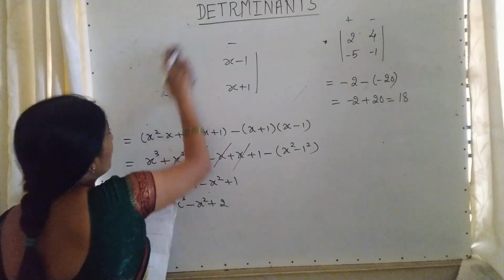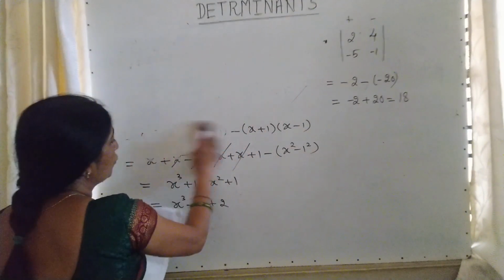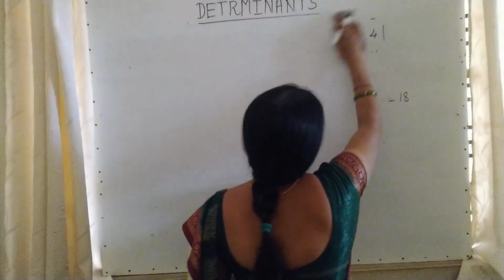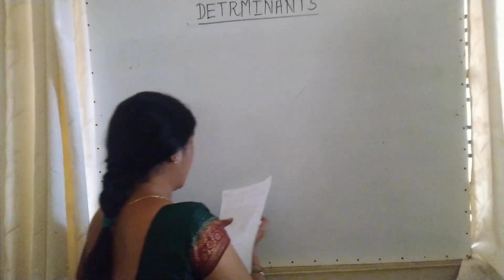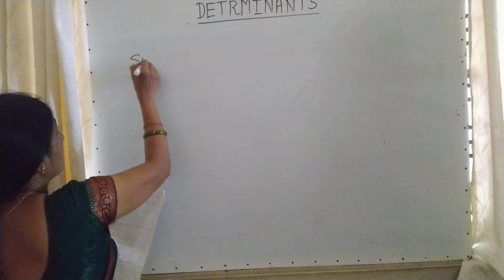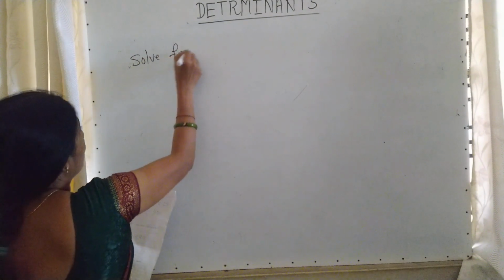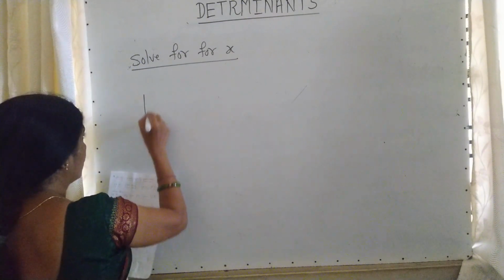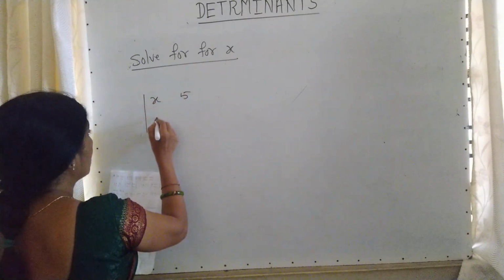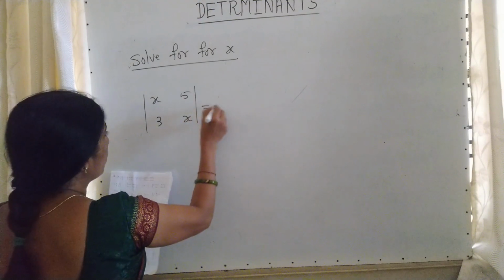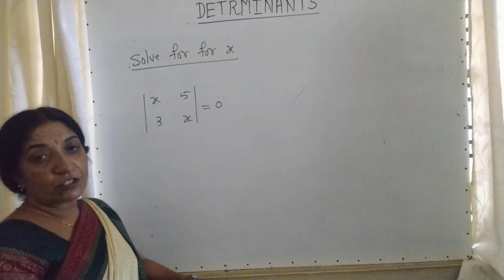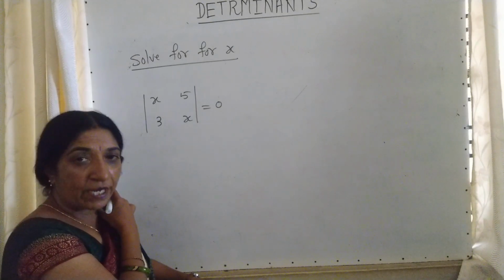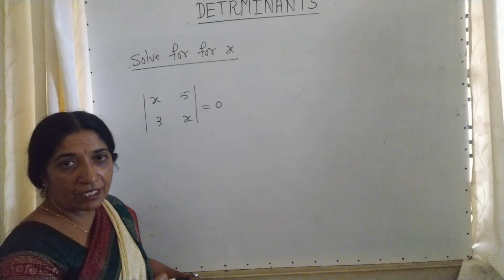Next, in the same category, we have a different type of questions. The way of asking is different, and remember, these questions you will get for 1 mark in part A. Solve for x. So the first one is x, 5, 3, x is equal to 0. It is given for you. And students, already we are familiar with this in inverse trigonometry. When the question is solve for x, we have to write LHS as well as RHS.